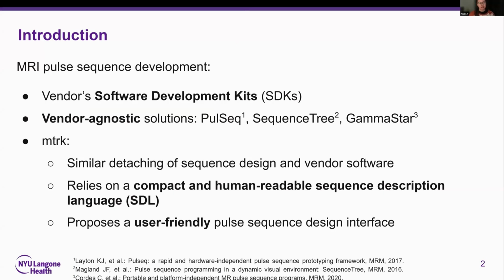And here we propose a framework inspired by them and made to work with them, which has a similar detaching of sequence design from vendor software, but relies on a compact and human readable sequence description language and proposes a web-based, user-friendly graphical interface to develop pulse sequences.